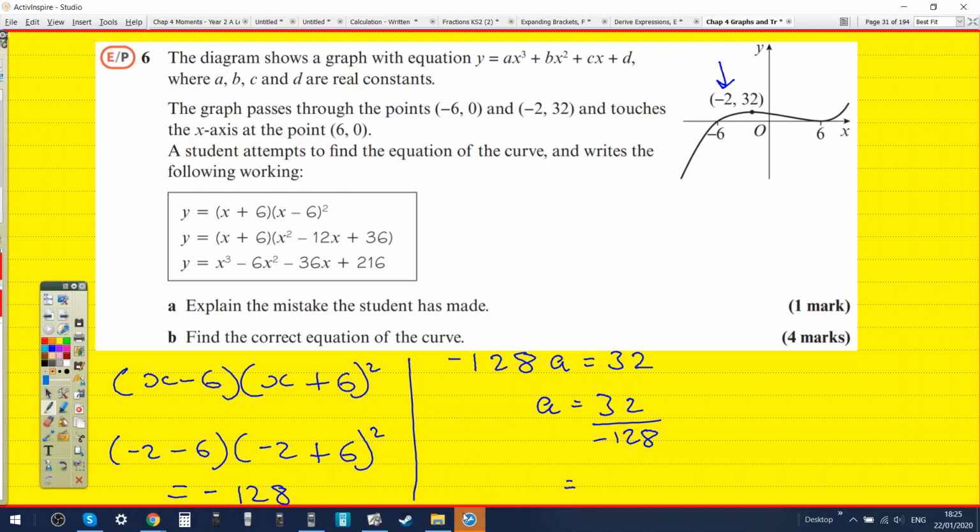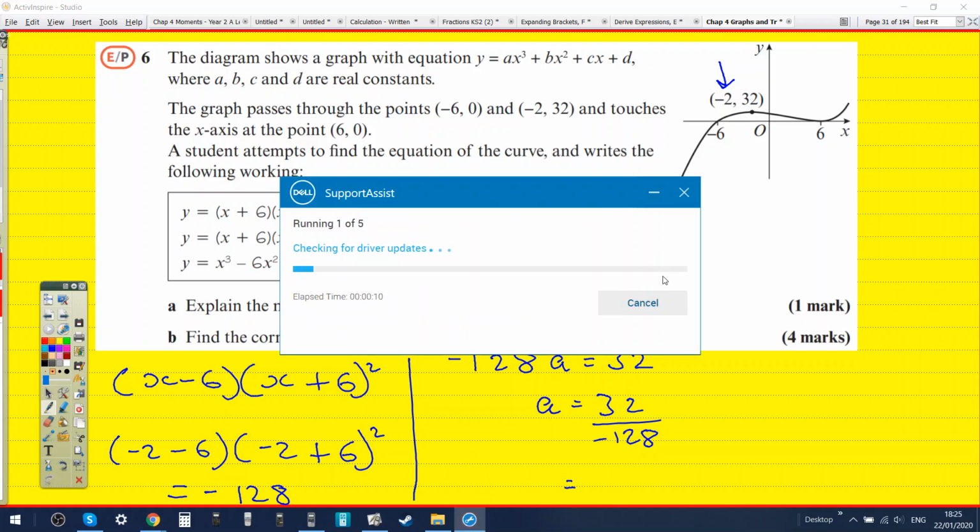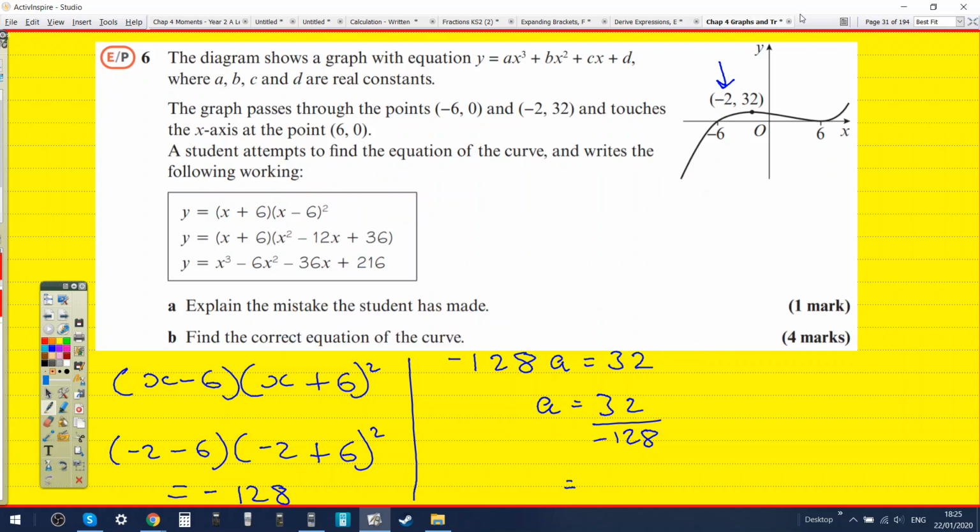So what do we do with that minus quarter? You put a quarter in front of x minus 6. Yes, minus a quarter. x minus 6, x plus 6 squared. There we go.